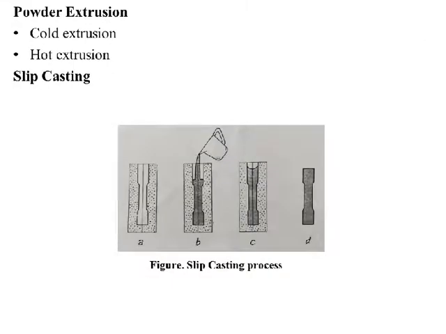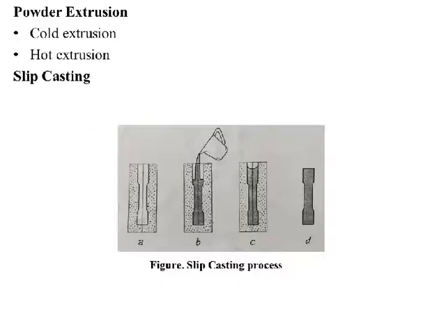Powder extrusion. The powders used in the powder metallurgy technique can also be compacted by another method called the extrusion method. In the case of powder extrusion, the pressure is applied uniformly on the powders used. Powder extrusion can be carried out by two methods: one is called cold extrusion and the other is hot extrusion.